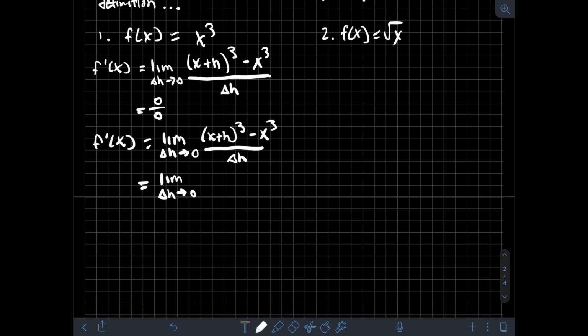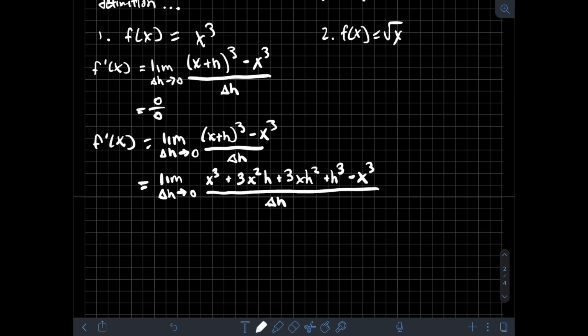So the expansion is x cubed plus 3x squared h plus 3x h squared plus h cubed minus x cubed all over h.